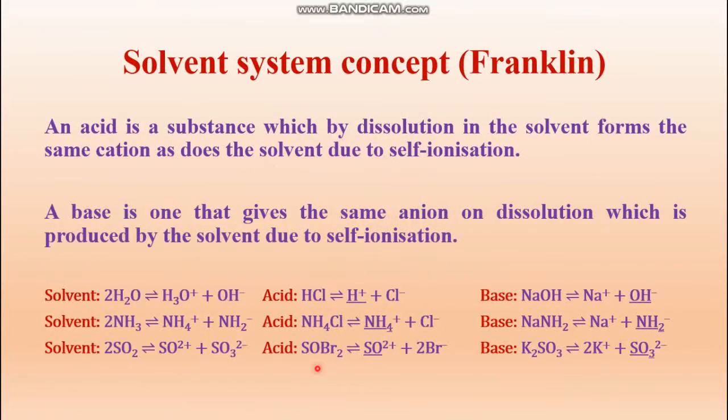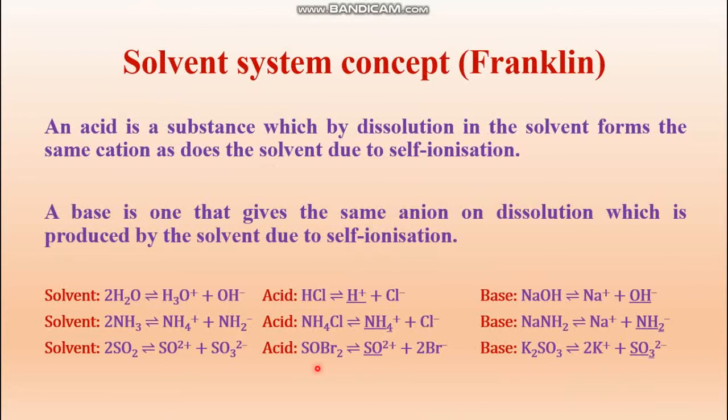Now, the extension of the Arrhenius theory is the Franklin concept of acidity and basicity, which is the solvent system concept. According to this solvent system theory, it depends exclusively upon the solvent of the species where it is dissolved. Solvents can undergo self-ionization and it produces a cation as well as an anion.